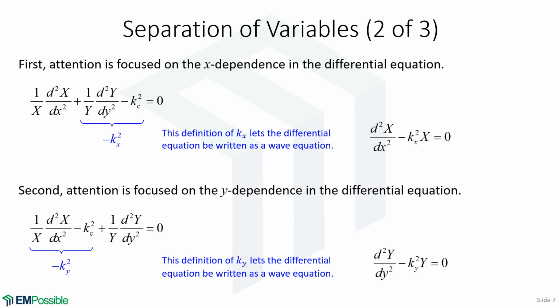That makes our differential equation a wave equation that's only a function of y. So we've converted our single differential equation, which is a function of x and y, really into two one-dimensional wave equations. One's only a function of x, the other's only a function of y. That is the separation of variables. We will solve these separately and then bring the solutions together.